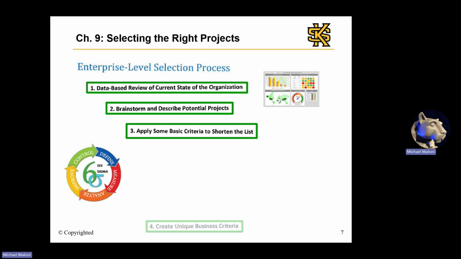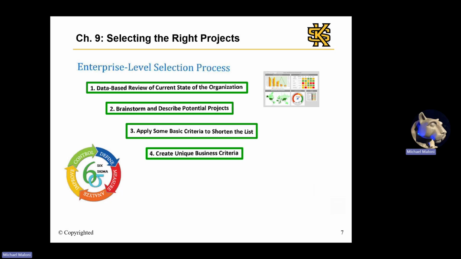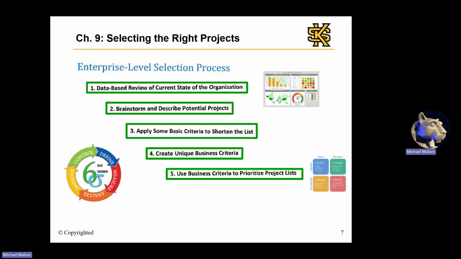Fourth is create unique business criteria. And then fifth is use the business criteria to prioritize the projects. And to do so, we'll use the project viability model that we'll see later in this chapter. Let's break those steps down.